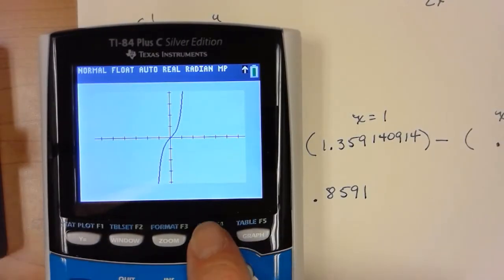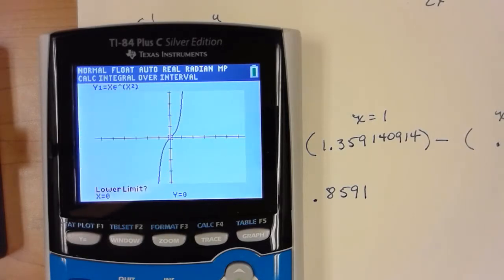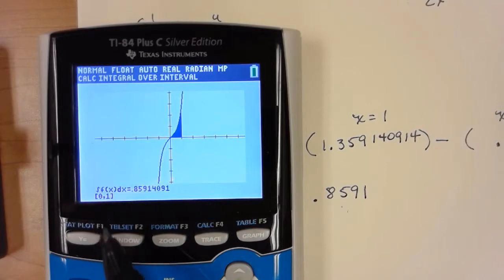So second trace for the calc menu number 7, 0 to 1. And that's what I got right there. On this one, this is the one with the new operating system, so I really do not know what kind of calculator you have, but the 83s and the 84s, they'll all do this.